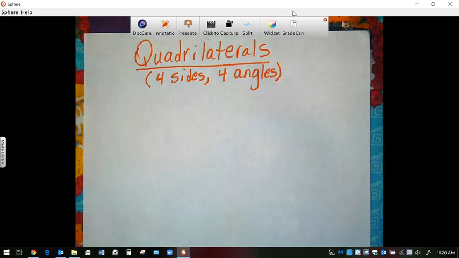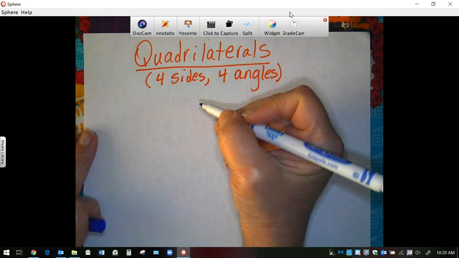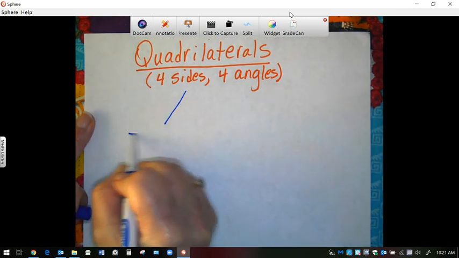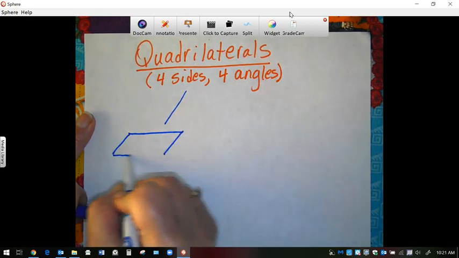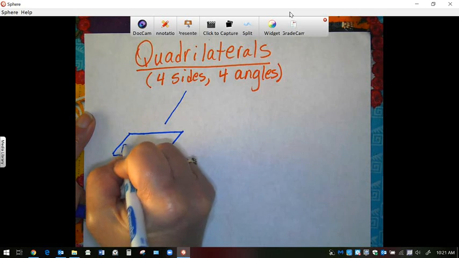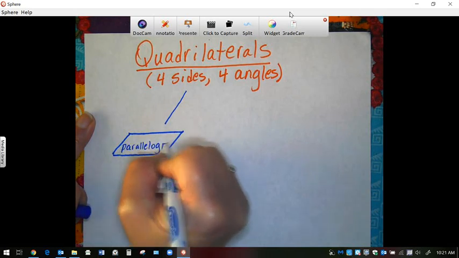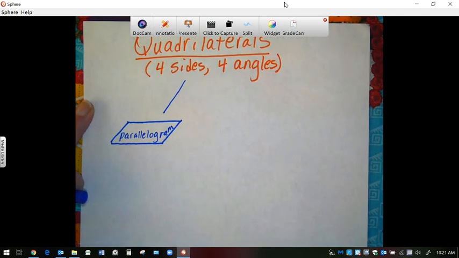Alright, so the first one that I want to go over, I'm going to create a little organizer, like a little chart, is going to be a parallelogram. Okay? Alright, and that is the shape of it.